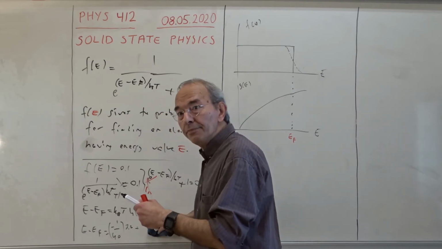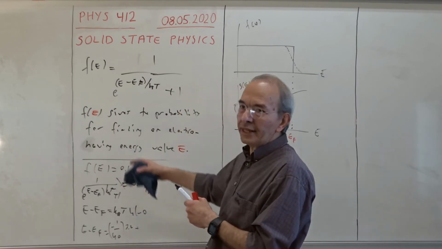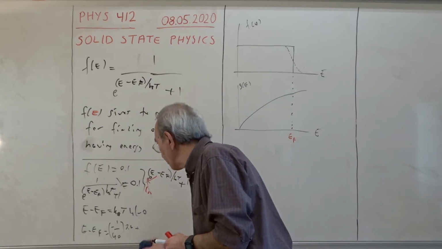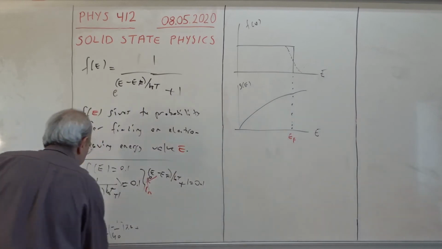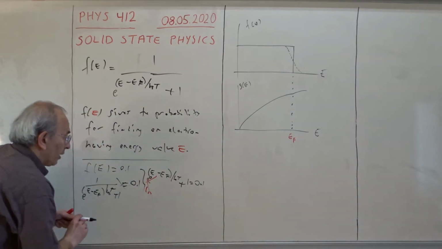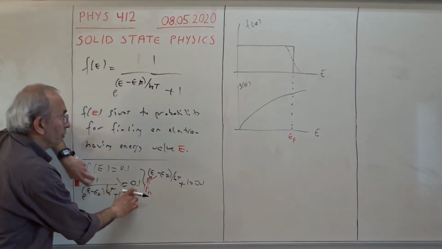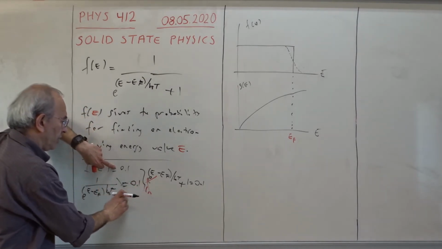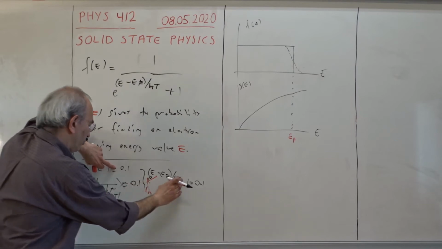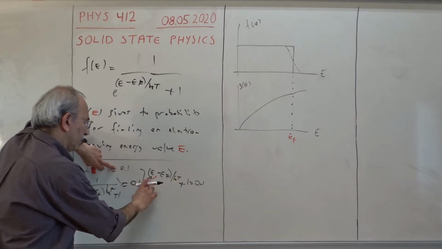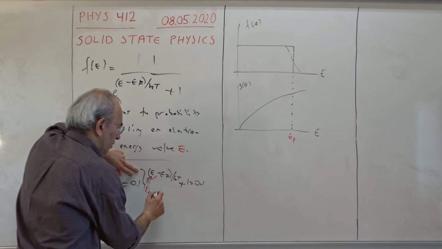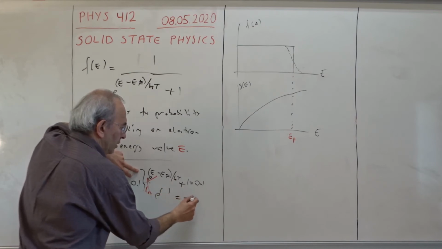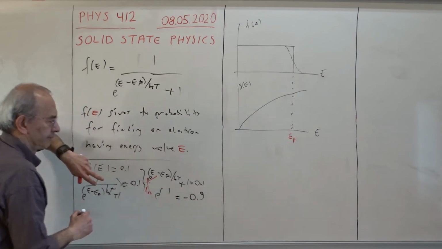So let's do it in a better way, because the same will apply for the other part, for the 0.9 case. So let's find it better. This one is equal to 0.1. The exponential part is minus 0.9.